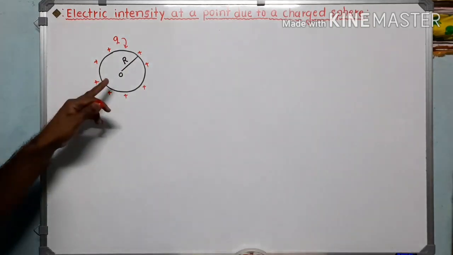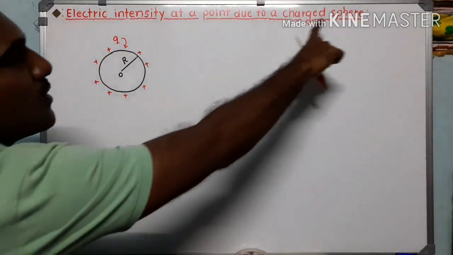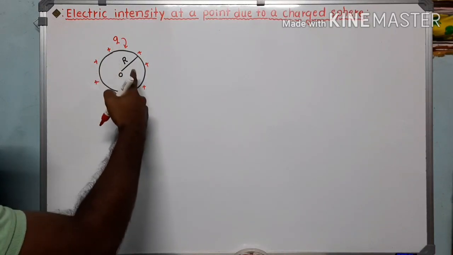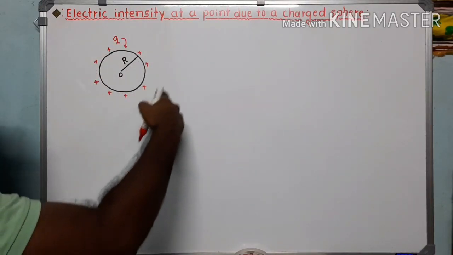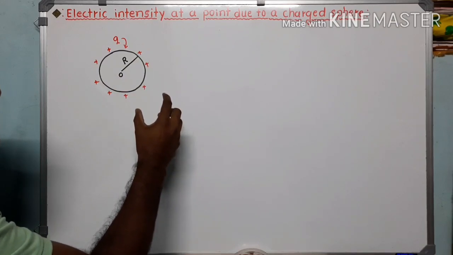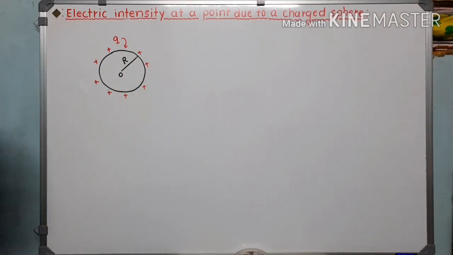Okay. Now the sphere is charged. This is called a charged sphere. Since the sphere is charged, it is having an electric field around it. Now what I am going to do is find the electric intensity at a point outside the sphere or inside the sphere using Gauss theorem.